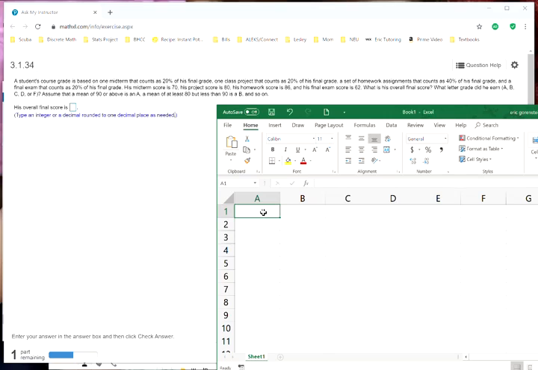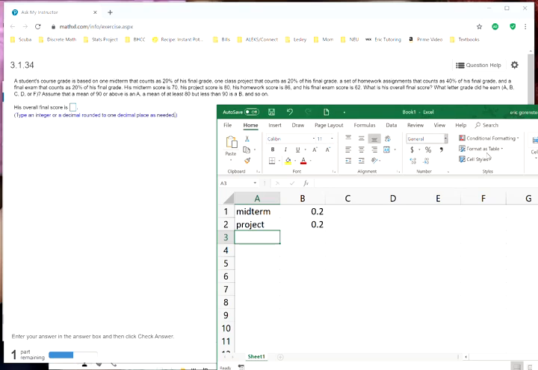Okay, so a student's course grade is based on a midterm. Okay, the midterm is 20%. Class project. Okay, so project is next. And the project is 20%. Notice I'm converting these percentages to decimals.